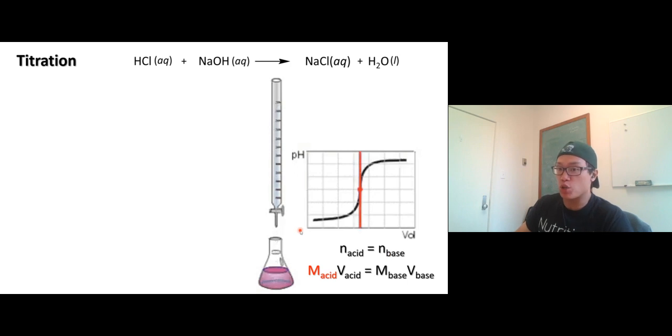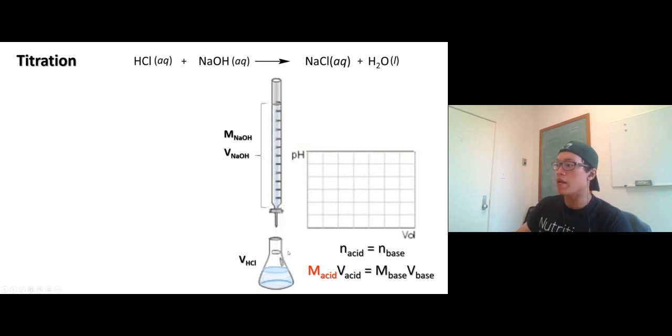They react in a 1-to-1 ratio. So if you know the molarity of the base, the volume of base used, and the volume of the unknown solution, you can calculate the molarity of the acid. Look at it right here: molarity, molarity, how much volume do we use, and the volume of hydrochloric acid, and then you can calculate the molarity of the acid.